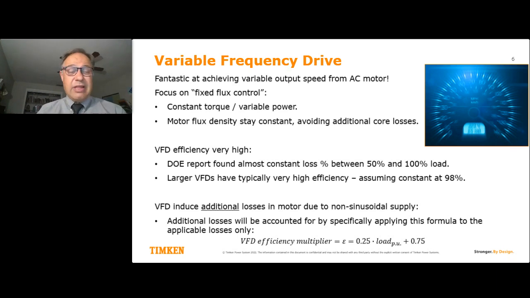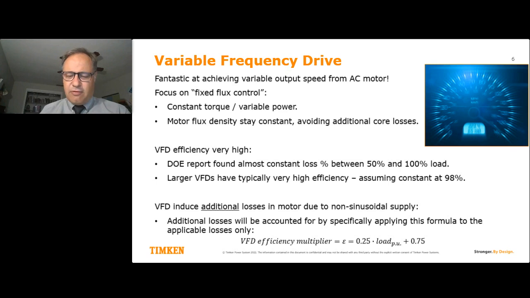But something that's often ignored by the VFD suppliers is that the VFD does induce additional losses in the motor because of the non-sinusoidal supply. In the research, I found that in this load range, there are calculations that can be used to quite easily determine what happens to the losses specifically because of the VFD.